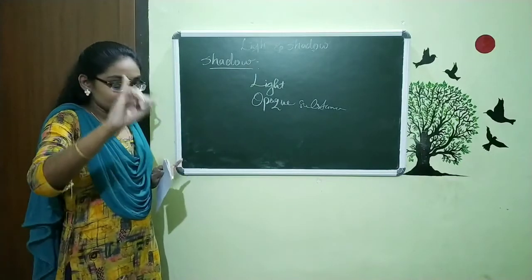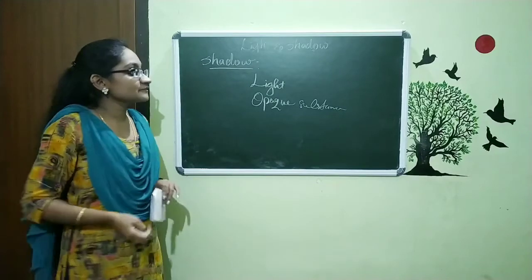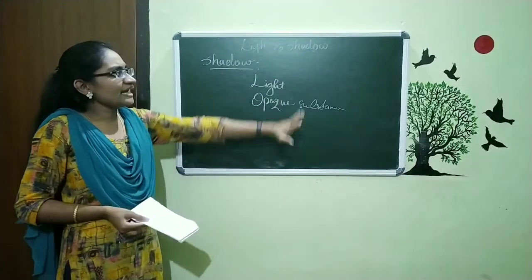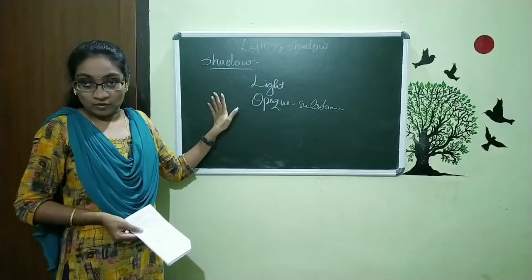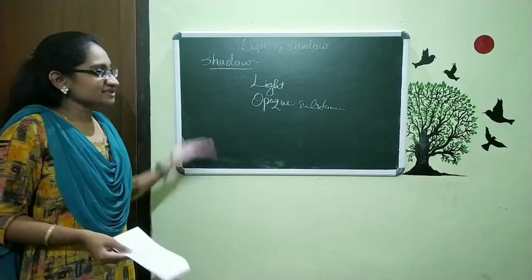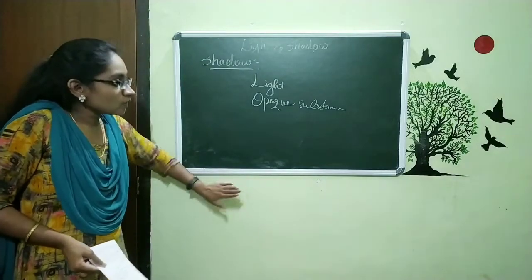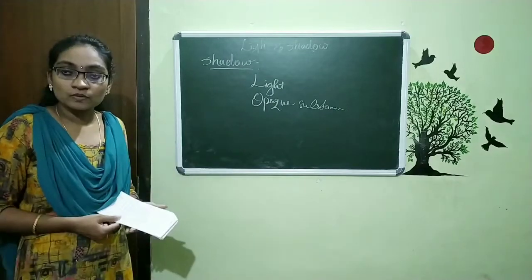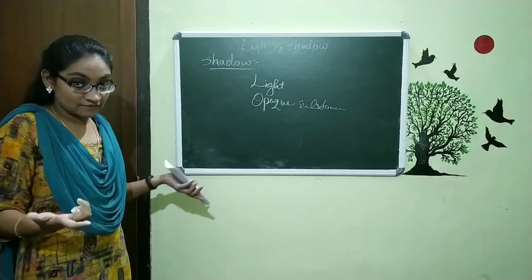So light must be there, an opaque substance must be there, and here I just show the black region on the blackboard, or I can focus it on the wall. If there is no blackboard, no wall, no ground, where will I focus this shadow?